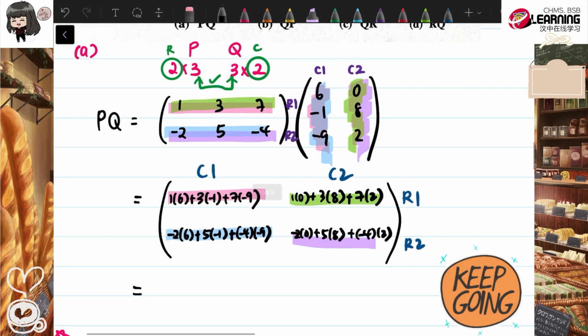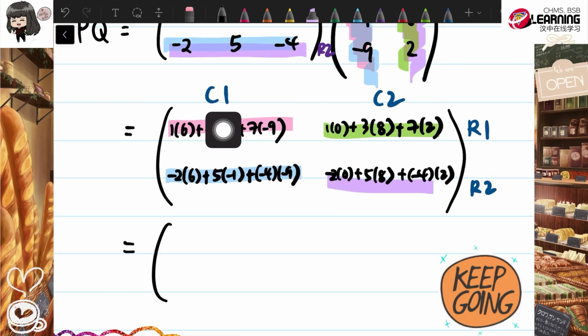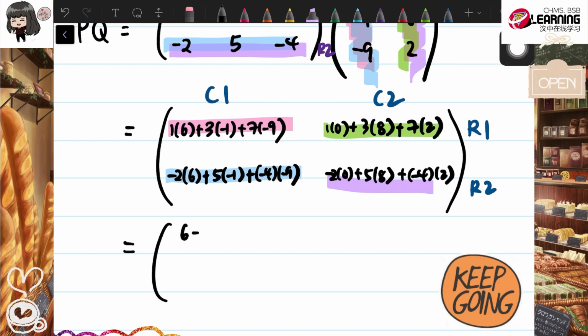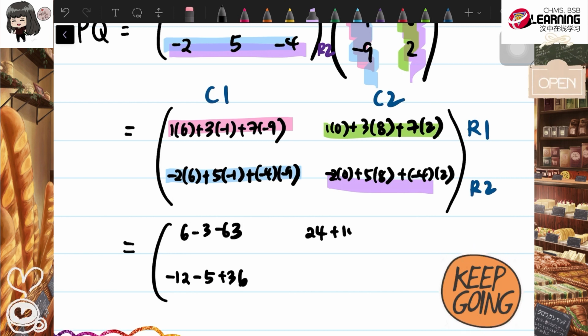Alright, let's finalize the answer over here. 6 minus 3 minus 63. I will write down the working. Negative 12 minus 5 plus 36. 0, I don't need to write. 24 plus 14 minus 8.